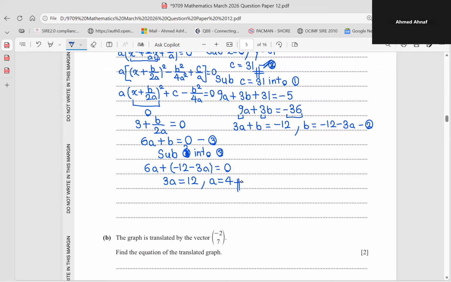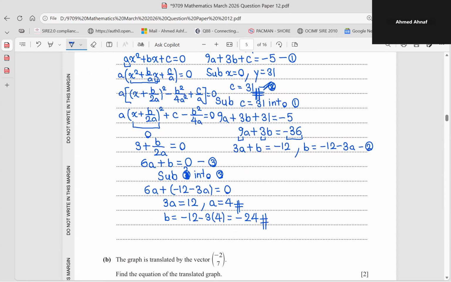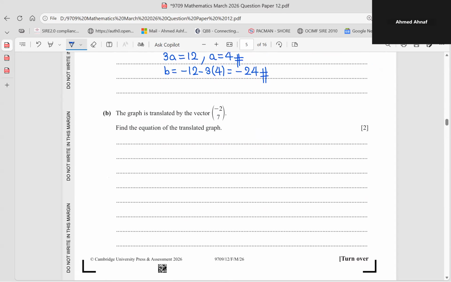So this is our first answer, for a. And then to get b, just substitute it back into equation 2. So -12 minus 3 times 4, you would get -24. So we got a equals 4, b equals -24, and c equals 31 as our final answers. And with that, we can move on to the next part.